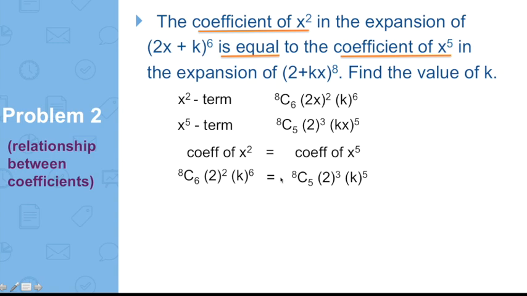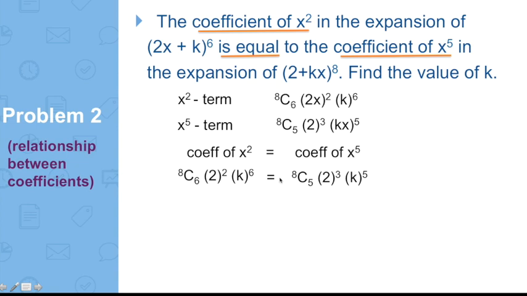All right? So notice that when 2 is distributed to 2x, we will only get 2 squared. Of course, we need to remove x squared because we're just after the coefficient. And then for the other one, the index 5 being distributed to both factors, k to the power of 5, and then remove definitely the x to the power of 5.